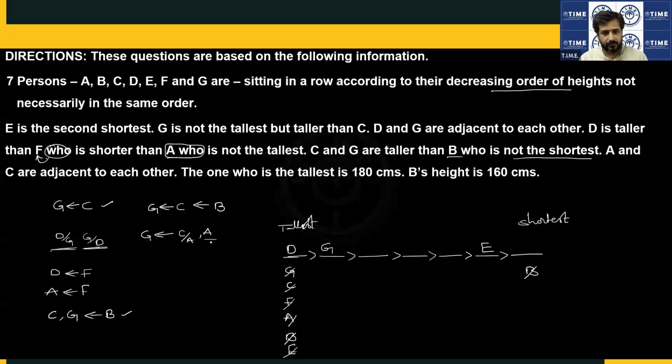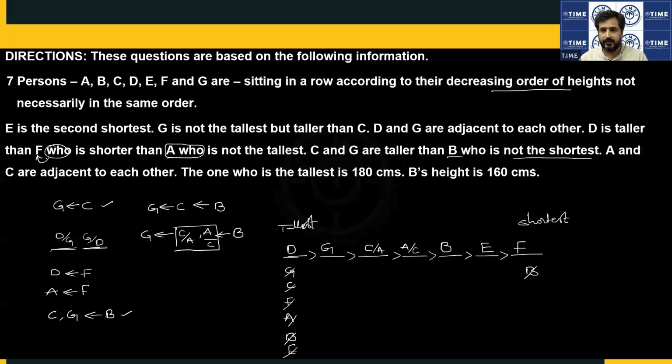So before B, GCA should come or GAC should come, and B cannot be in the shortest position. So the only possible place for B is here. And before B, C or A, regarding that we don't have any information. Now, who is the only remaining person? F. So F must be the shortest.